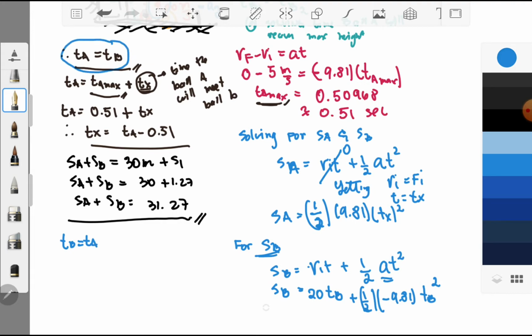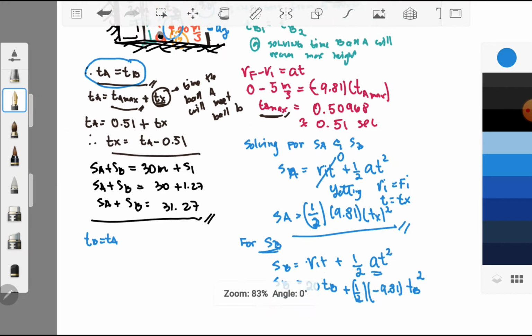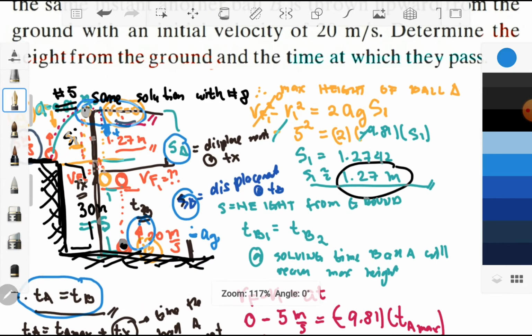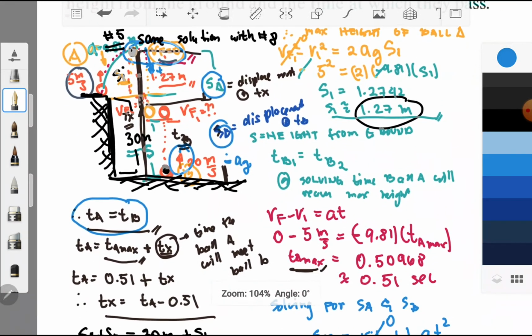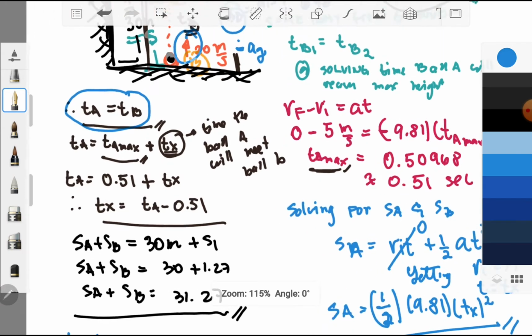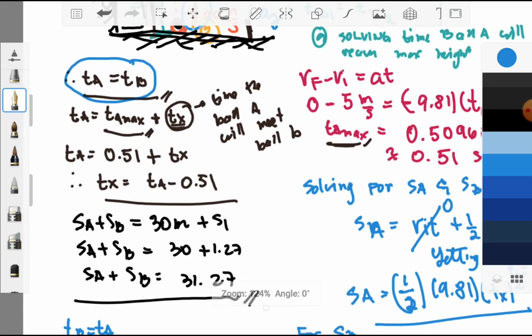But you all know that in this equation we don't see TA, because we used TX. Why TX? Because this TX is the duration until the two balls meet. And our TA is basically equal to the duration of our TX plus 0.51.